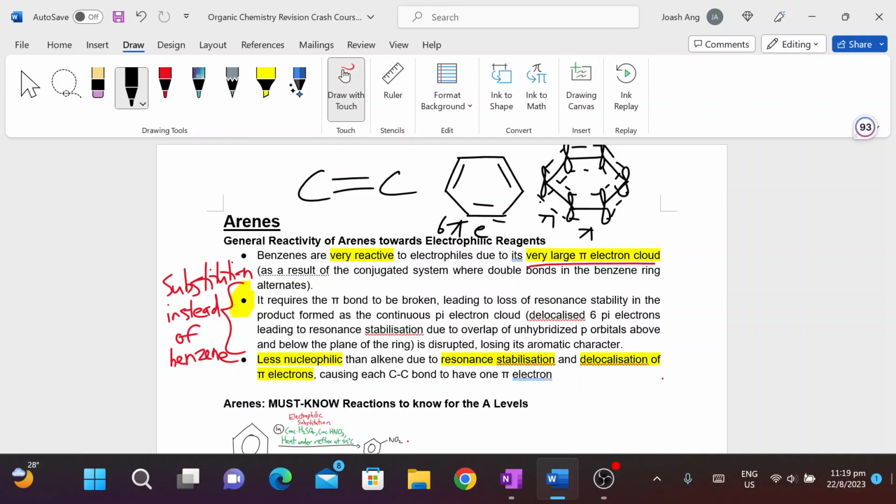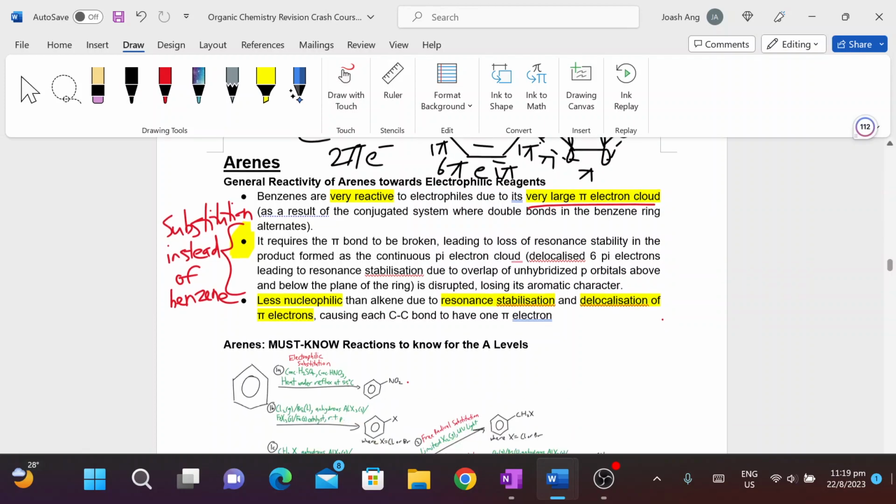And since all these 6 pi electrons are delocalized, each of the 6 CC bonds in benzene will get 1 pi electron each. Okay? Whereas for your alkenes, because it's localized, there are 2 pi bonding electrons.